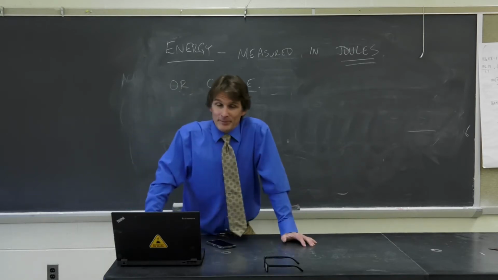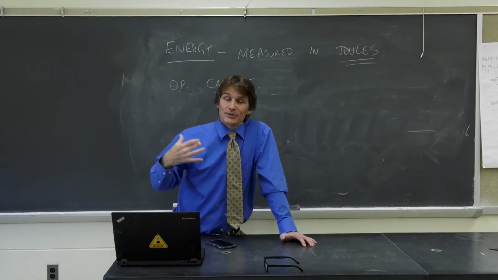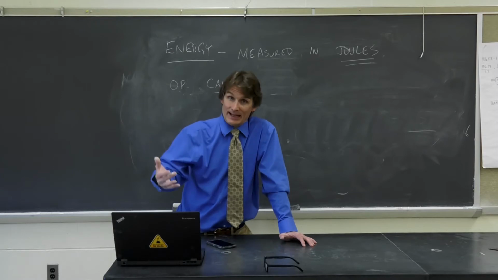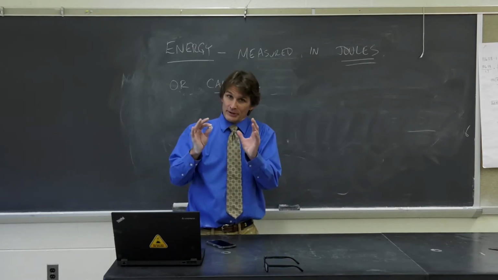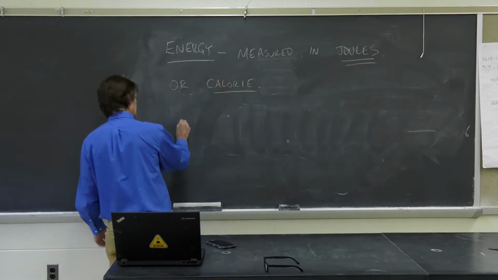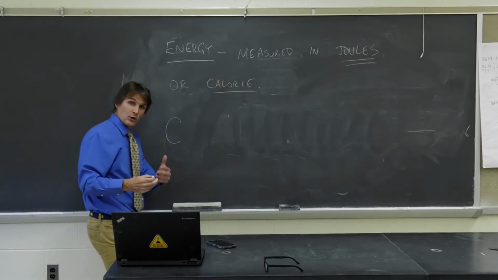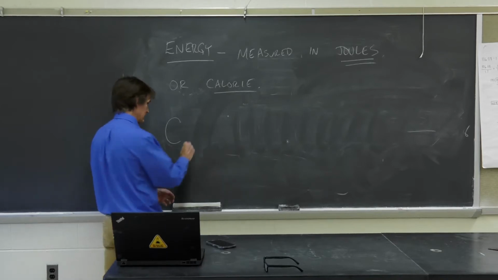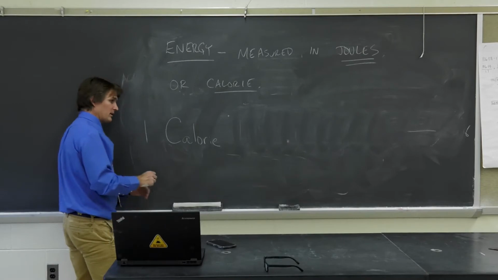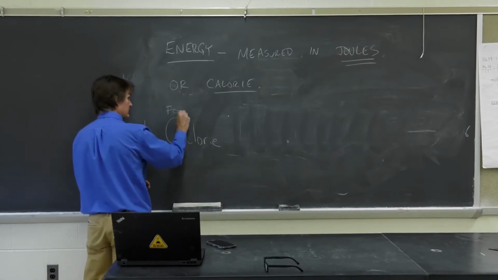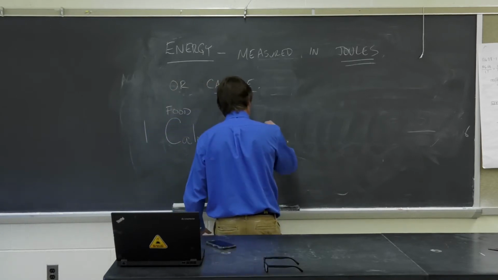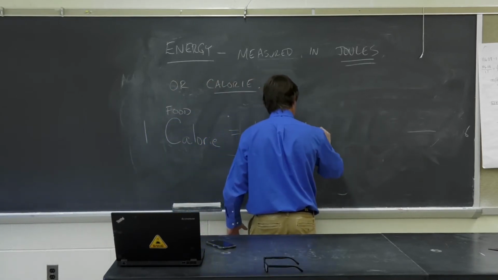Well, there's a problem there because the calorie that dietitians use is actually a kilocalorie. So if you're carefully looking at, say, the package of food that you eat, you'll notice that the calorie in the food that you eat is always written with a capital C. So I'm going to write it like that, a really big C. So 1 food calorie is going to be equal to 1,000 little c calories.